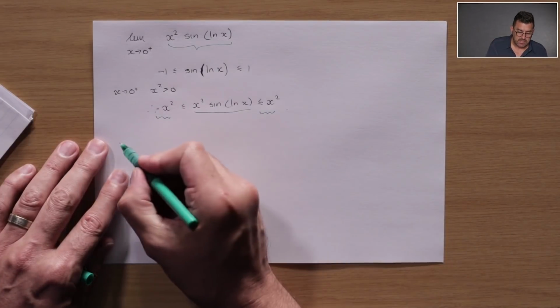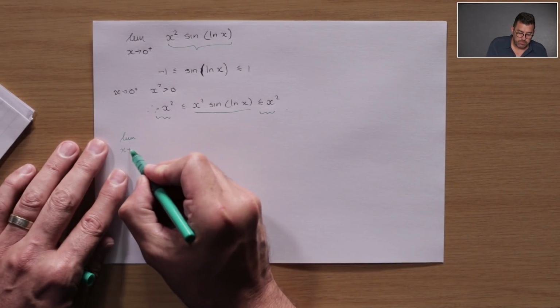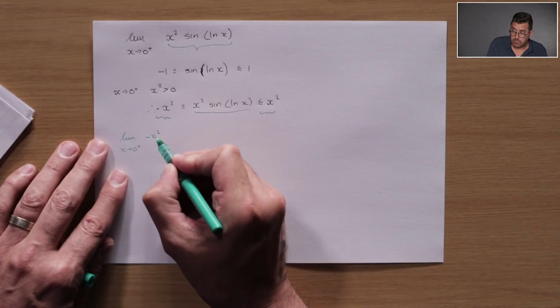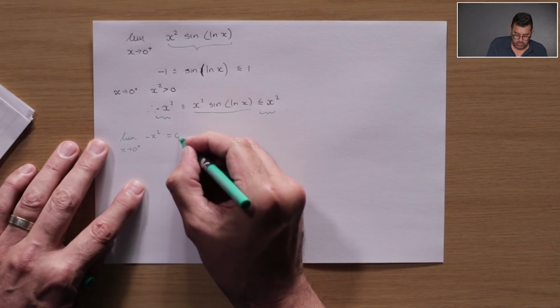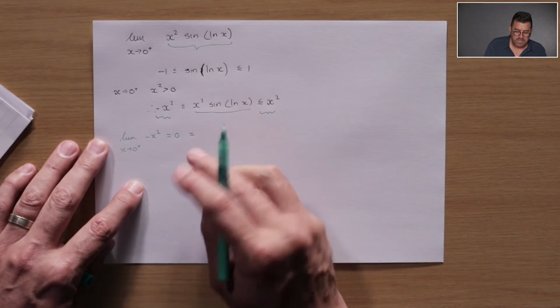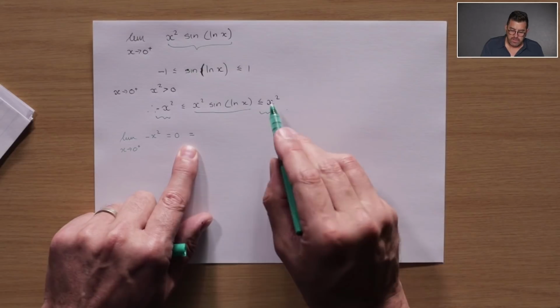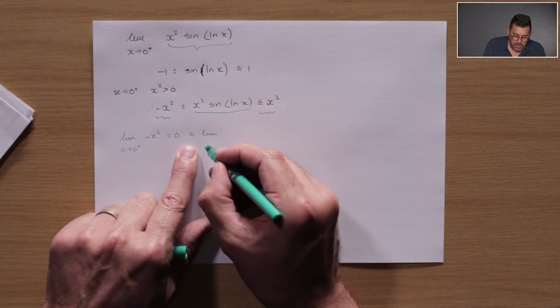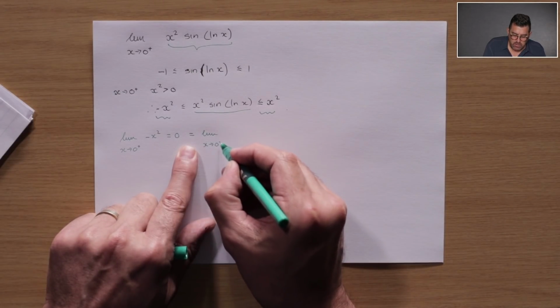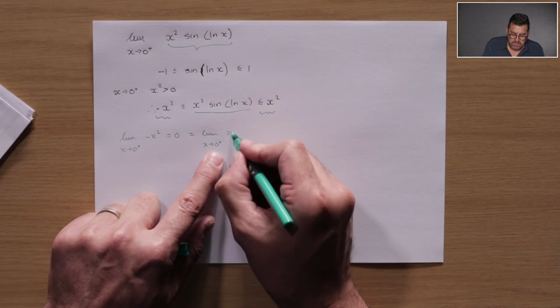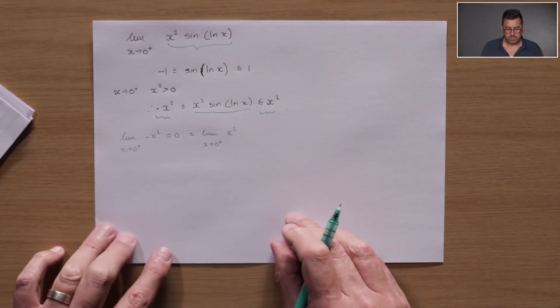So let's squeeze it. The limit when x approaches 0 from the positive of minus x squared is equal to 0. And that will definitely, it's a simple matter of just putting x equal to 0. That will definitely be the limit when x approaches 0 from the right-hand side or from the positive side of x squared will also be 0.